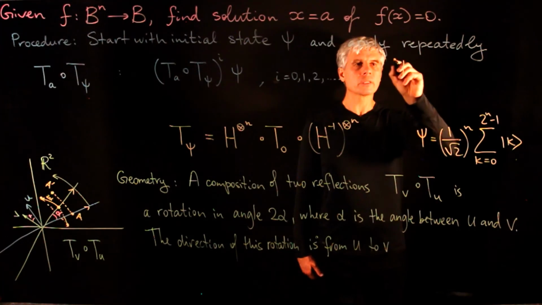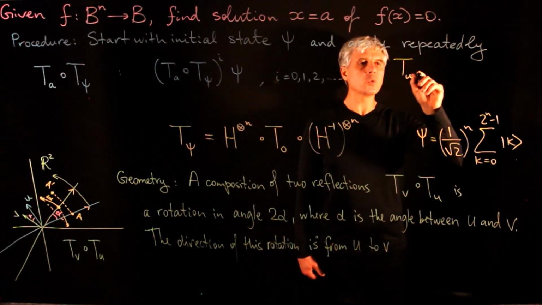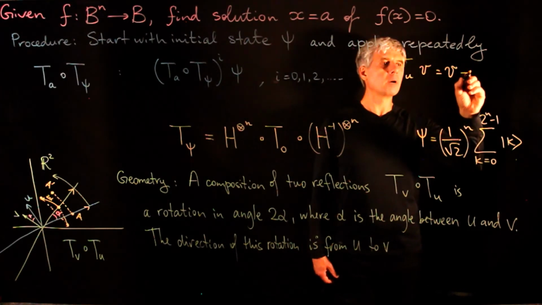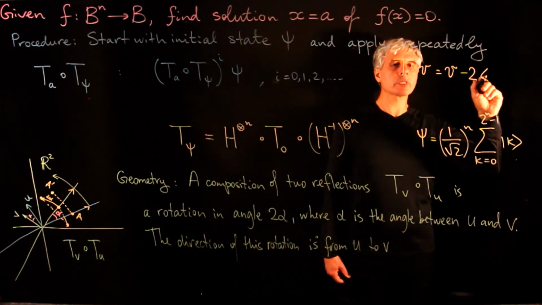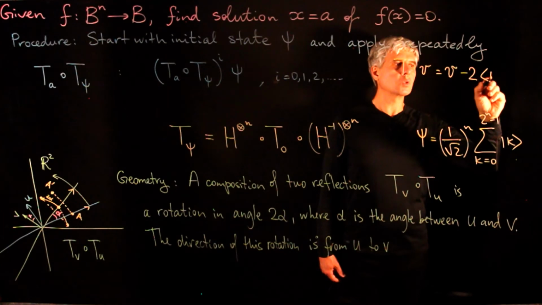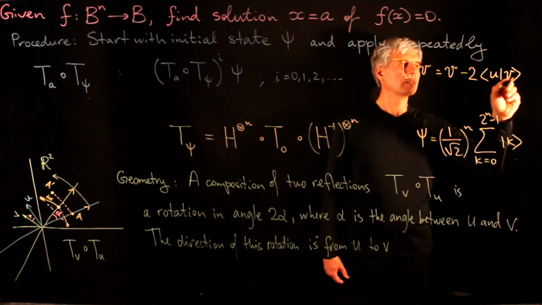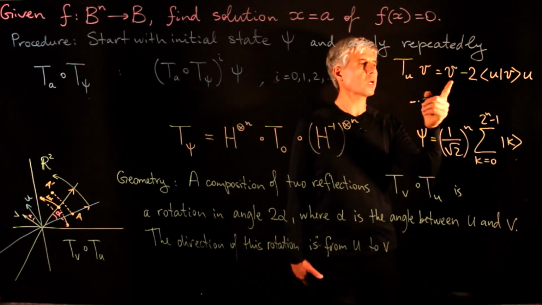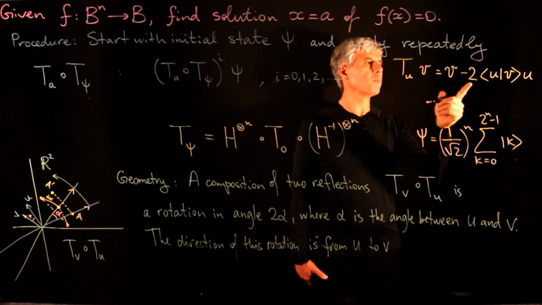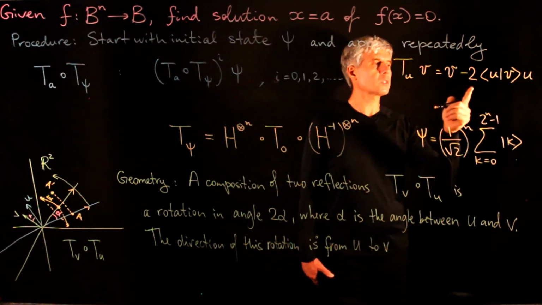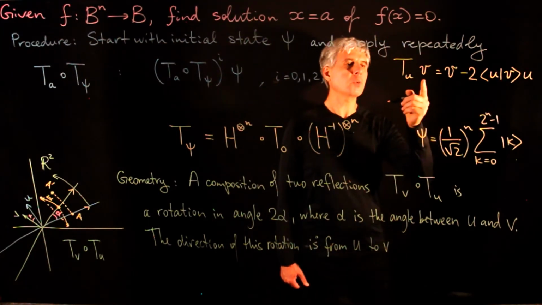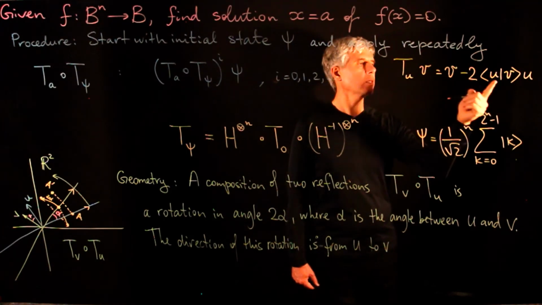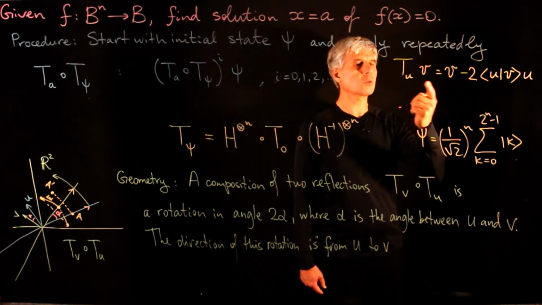A reflection in a unit vector u can also be written as v minus 2 times the scalar product of u with v, times u. Indeed, if we apply this formula to u, we get u minus 2u, which is negative u. And if we apply it to some vector v perpendicular to u, this term will vanish and we get v.